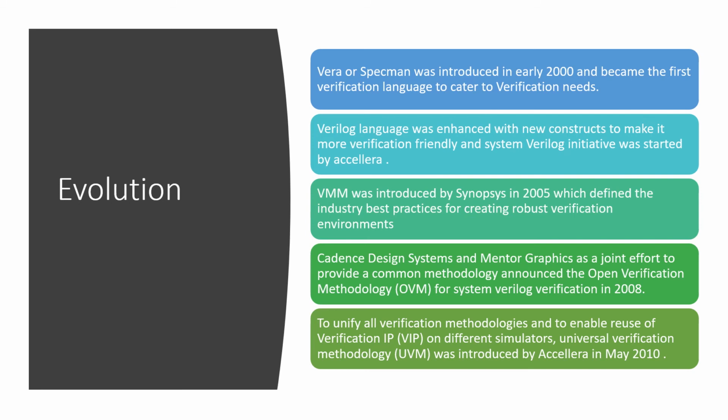Then there was a need for methodologies. VMM was introduced by Synopsys. Cadence and Mentor, as a joint effort, provided a common methodology called OVM. Then there was a unification of all verification methodologies to enable reuse of verification IP on different simulators. UVM was introduced by Accellera in May 2010.